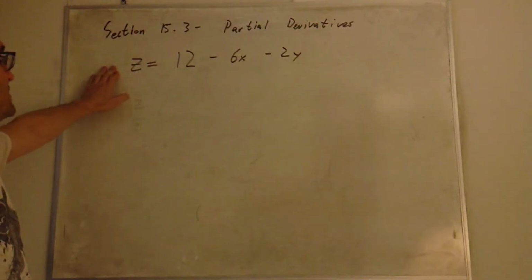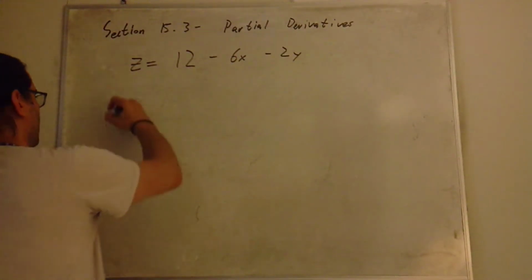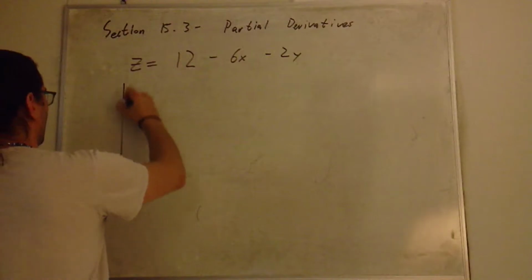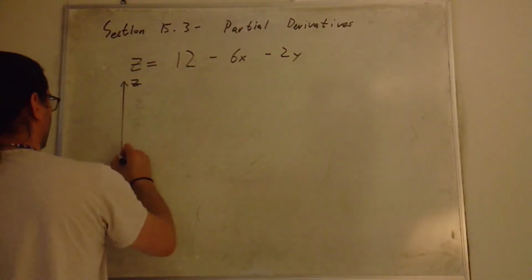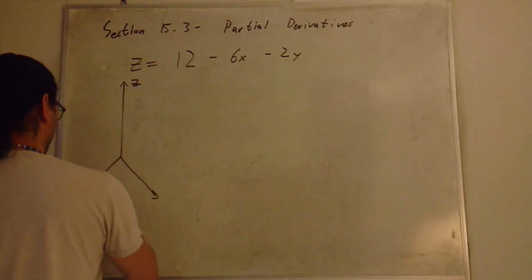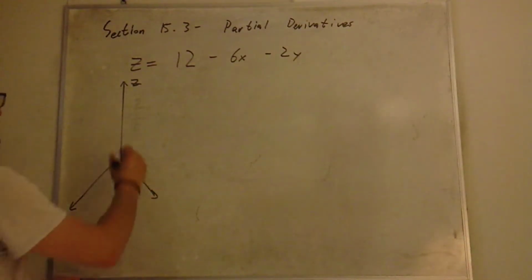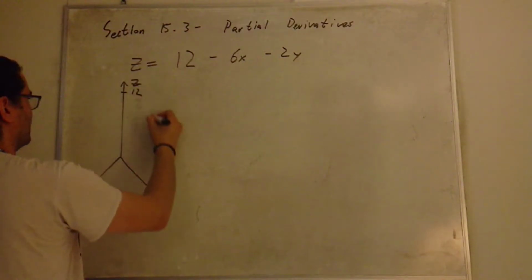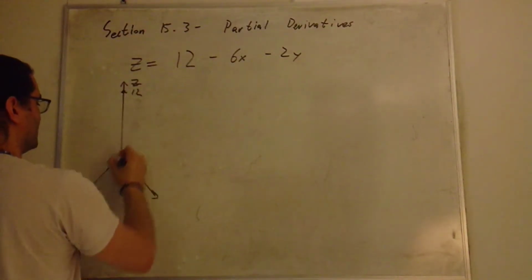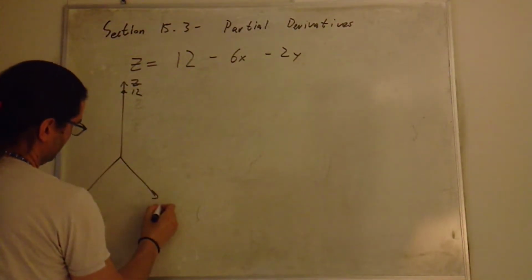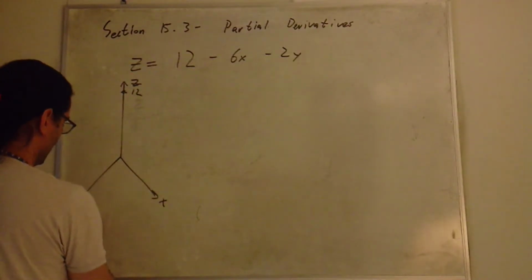We know that this is a plane, and that if we graph what is happening on this plane in only the first octant, we get a kind of triangle shaped thing. So z is going to be up here at 12. There's that intercept. We'll make this x and this y.